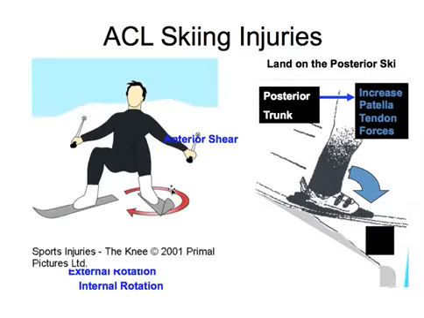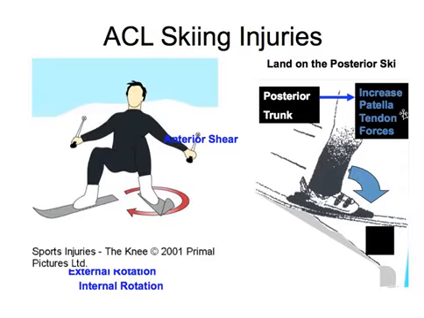Now, we can use this skiing example to motivate some mechanisms that cut across different athletic activities. Essentially, when the person falls backwards, there's a larger quad force acting and it spins the ski into knee external rotation, which could result in the combination of anterior shear, external rotation, and valgus that would cause an ACL injury.